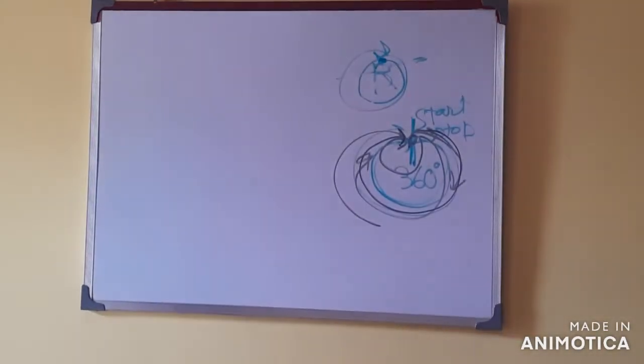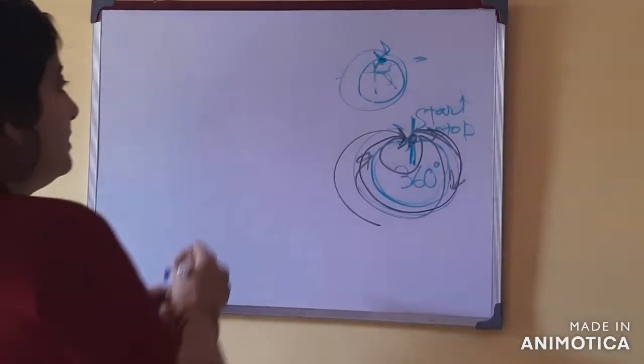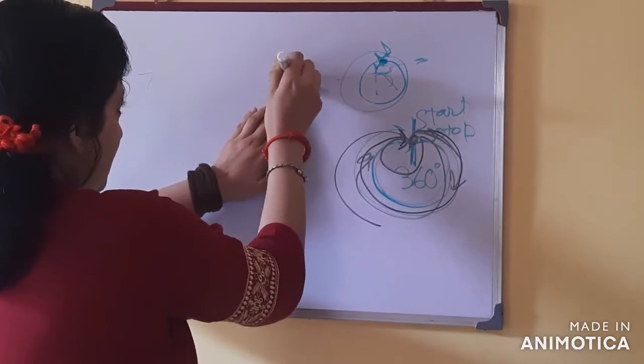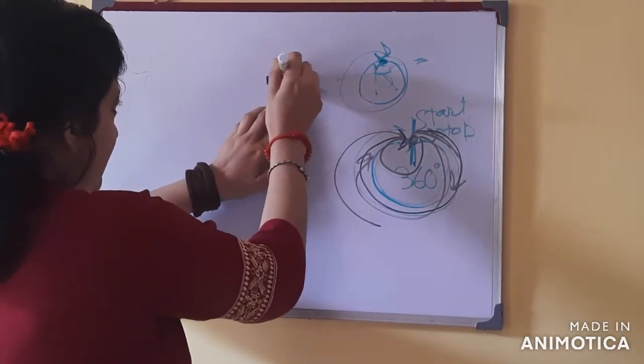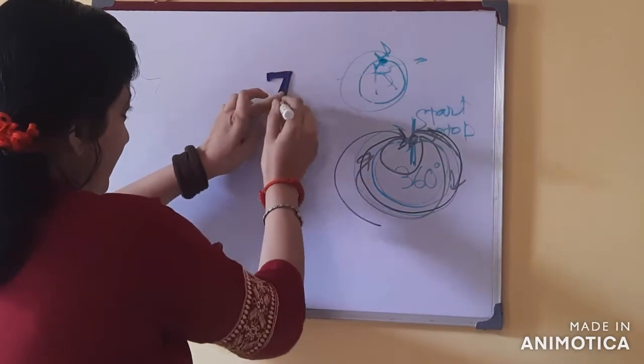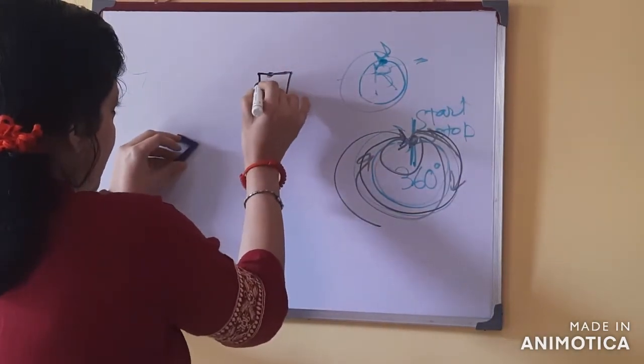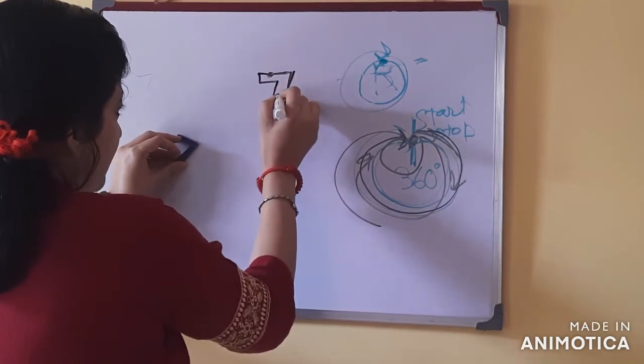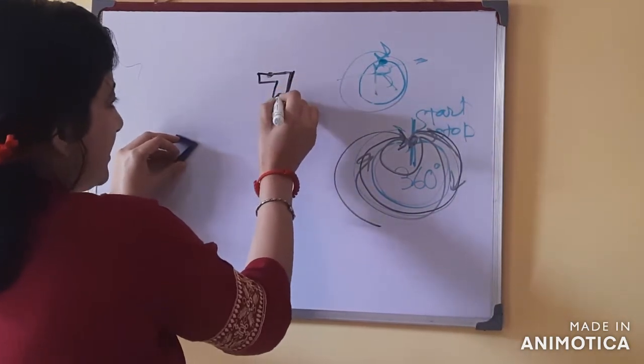Now suppose this is the number 7. I am just drawing this number 7. And generally I am rotating the 7 with respect to its center point.